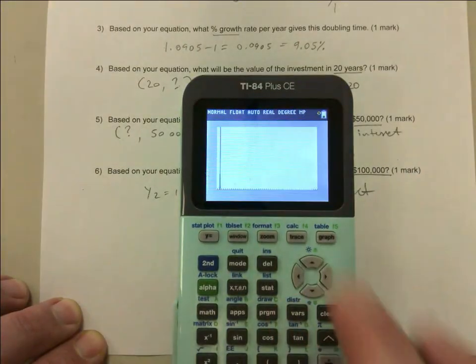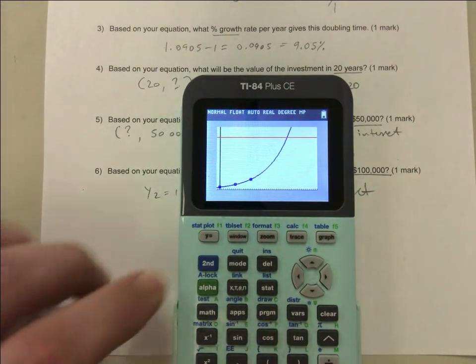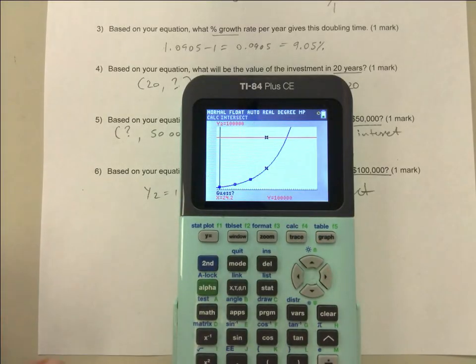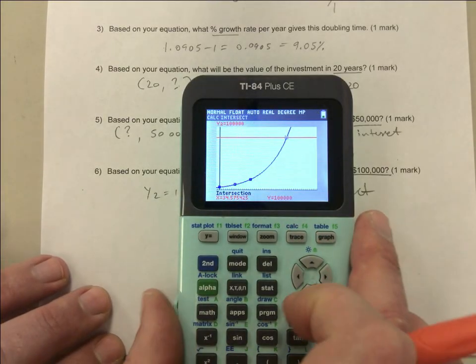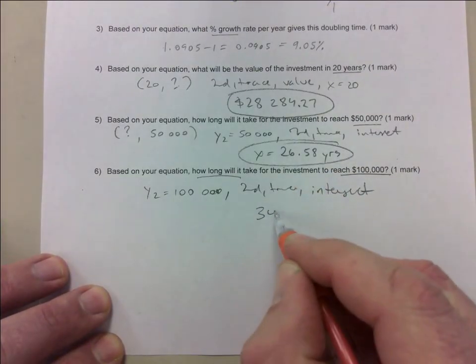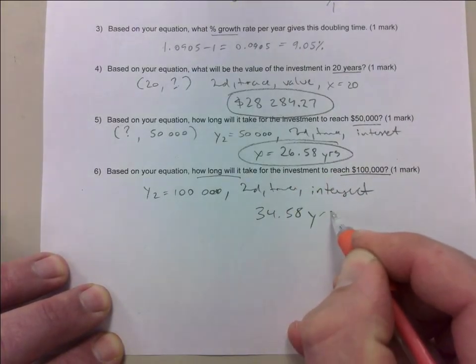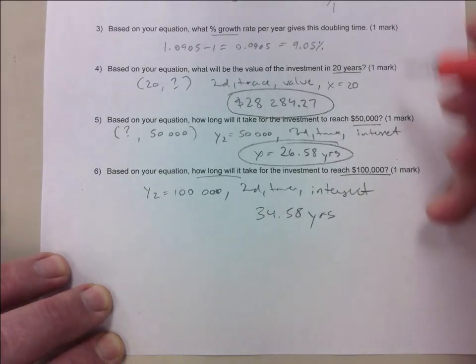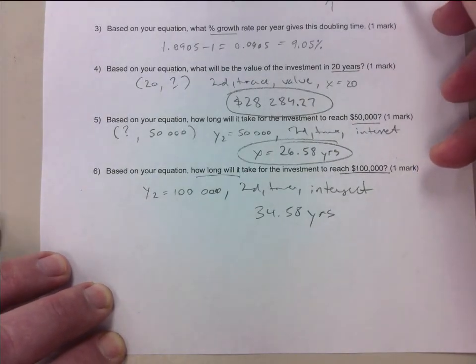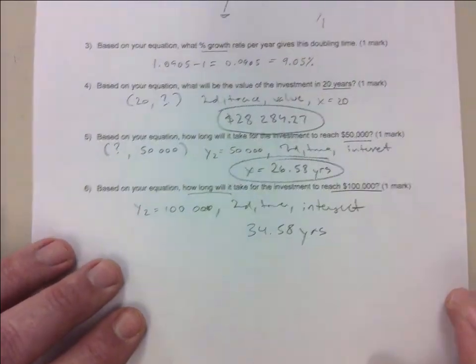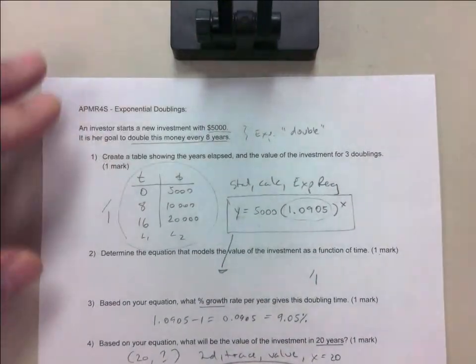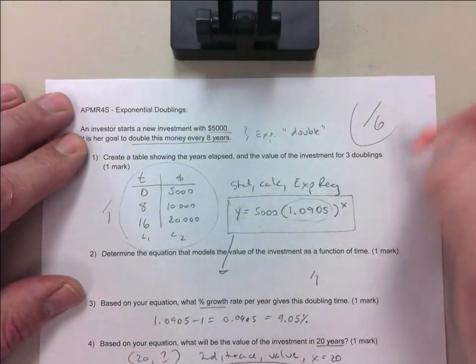Yeah, it's 100,000, right? There you go. Second trace 5. Enter, enter, enter. That's 34.58. So 1, 2, 3, 4, 5, 6 marks for this one. So if you've got that, you got the marks, okay?